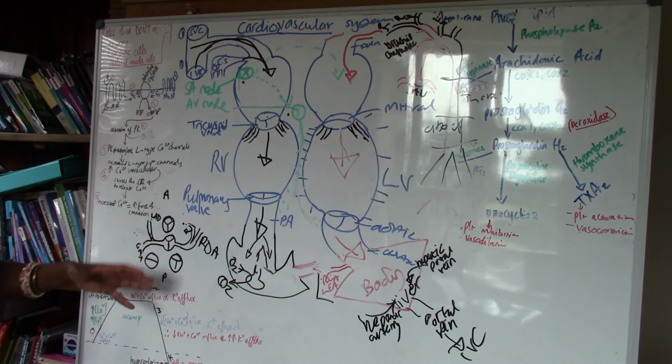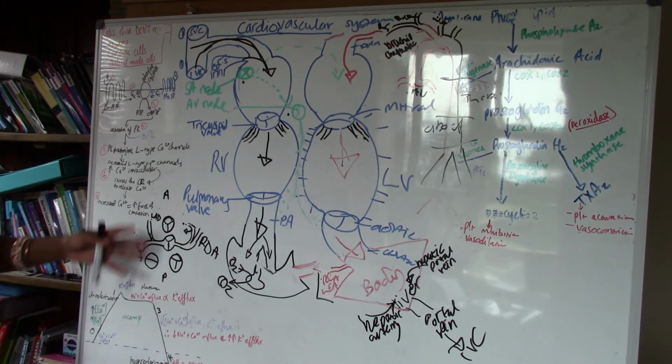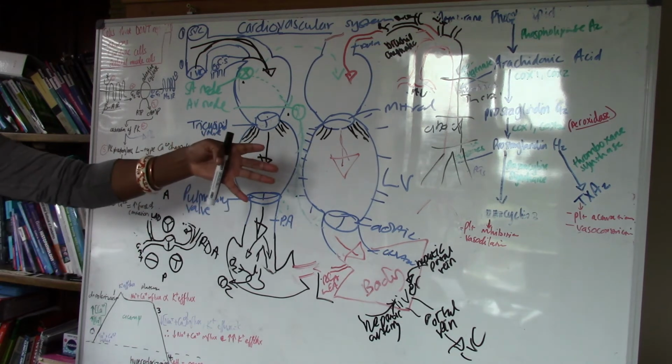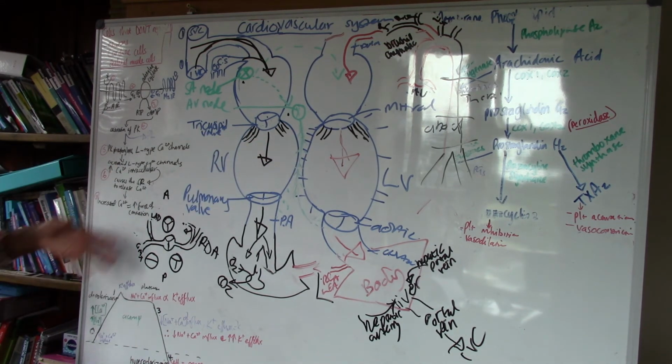Obviously, there are other collaterals which give a continuous supply to the heart muscles. Say, if there is an occlusion somewhere else, they then make up for that by still providing oxygen to the myocardium.